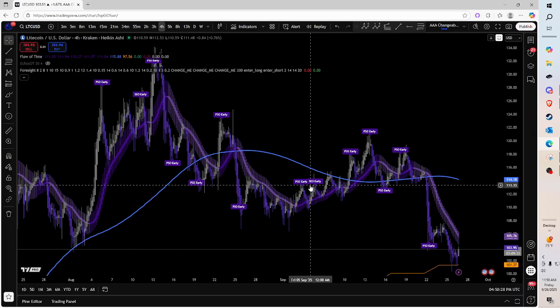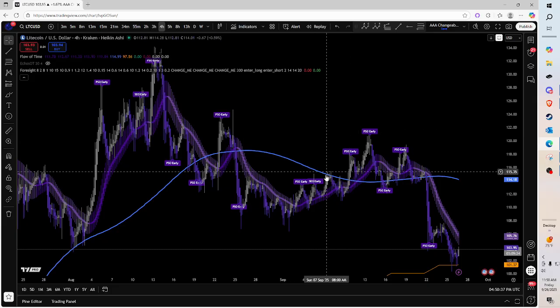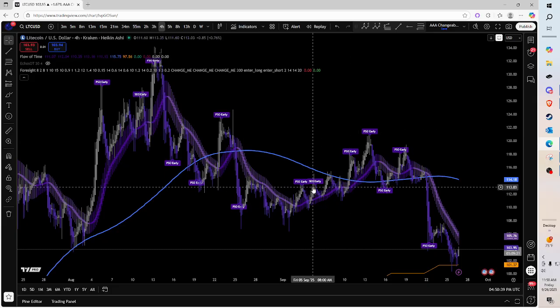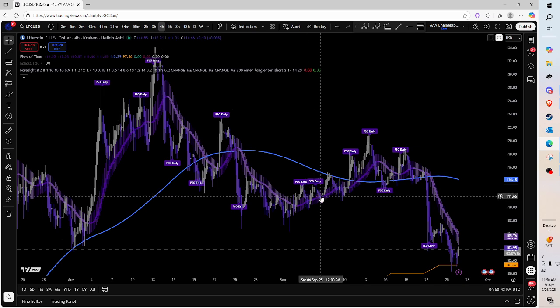Because when crypto gets moving bullish, it will just churn up, and you will see that. So we put really tight stops there, so we're not taking any big losses or anything.